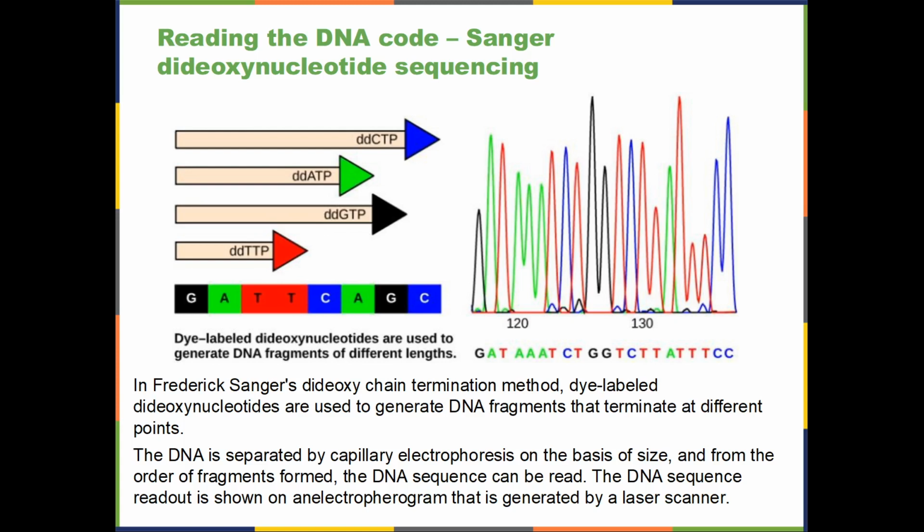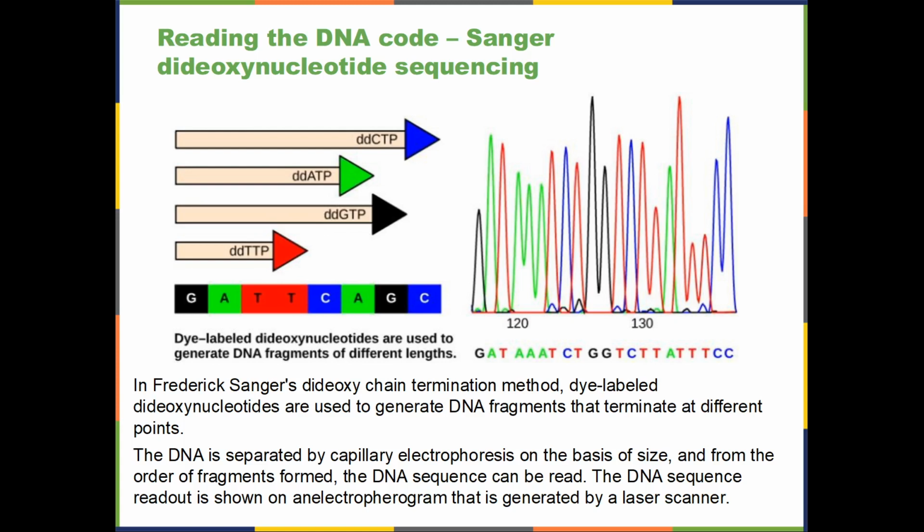If you want to think about DNA as being a sentence or a book, then the base pairs are the letters in the words in that book, and the genes are the words. All right, so we want to be able to read it.